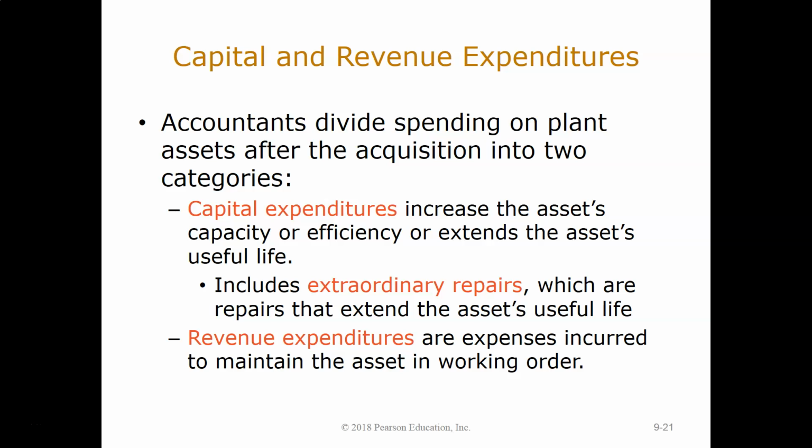Those normal practices are not capitalized. They are expensed, and we call them revenue expenditures. So we don't add them to the asset. We immediately expense them as maintenance expense or repairs expense, and they're expensed from income in that fiscal year.